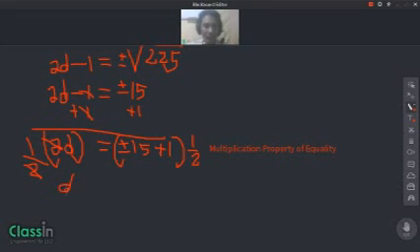So d equals positive or negative 15 plus 1, all over 2. So there are two values of d.